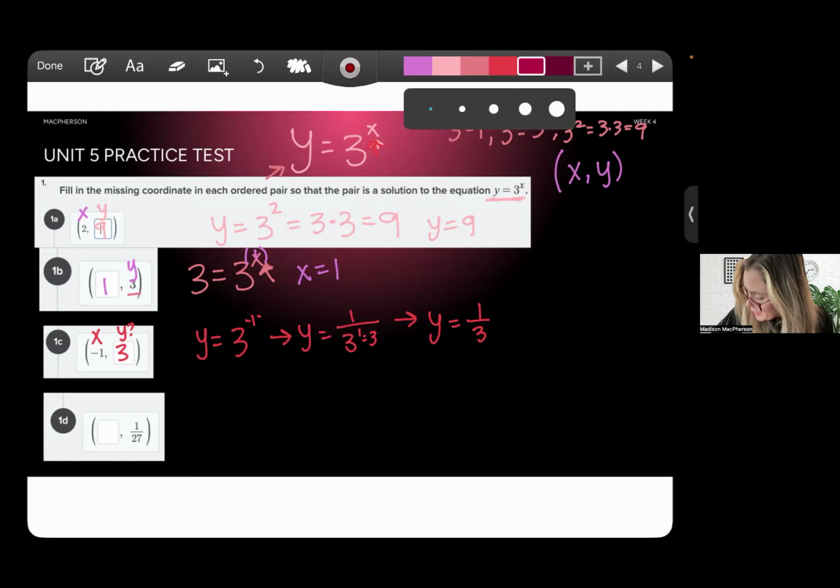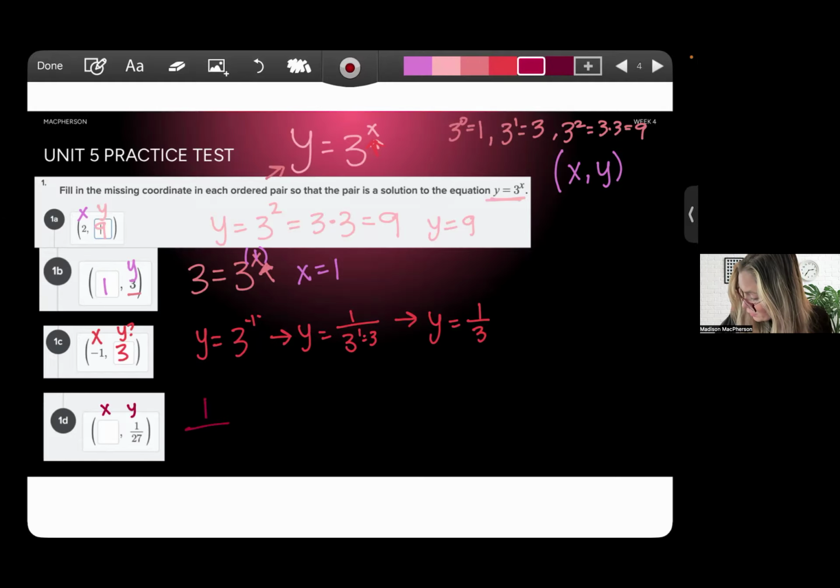Okay, and then that last one, we need to find x. We're given y. So we have 1 over 27 equals 3 to the power of x. Because we have a fraction, we know that this exponent is going to be negative.